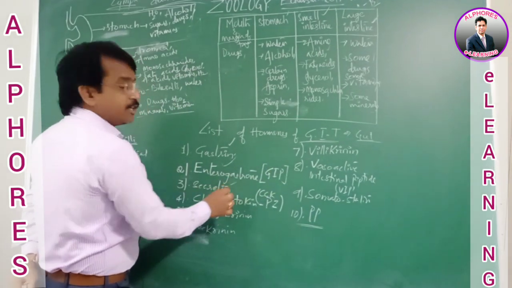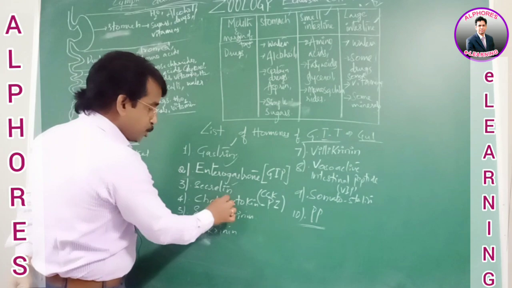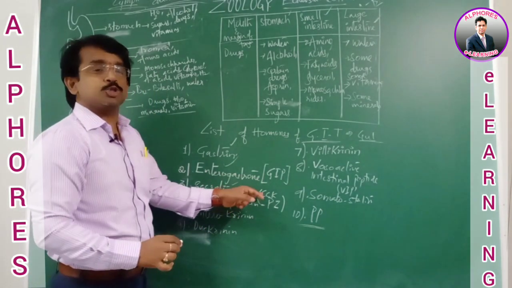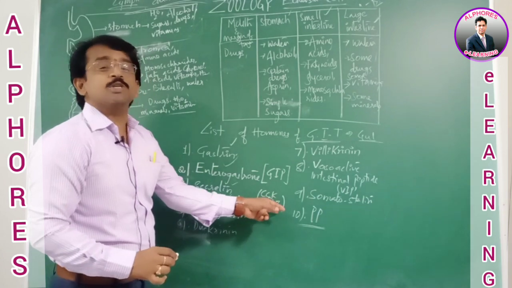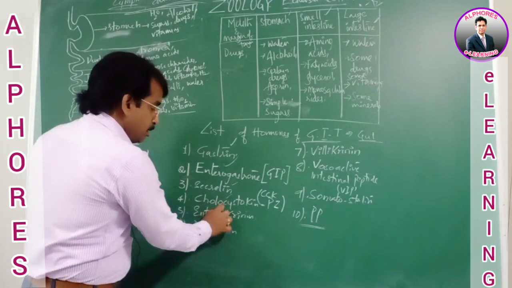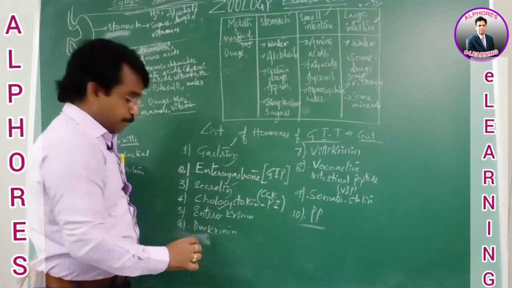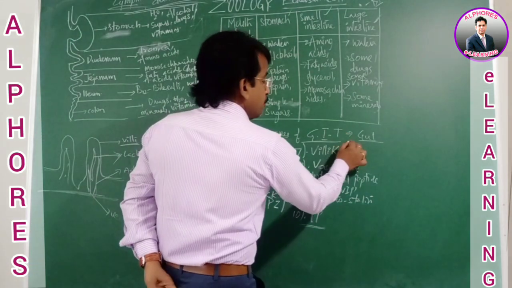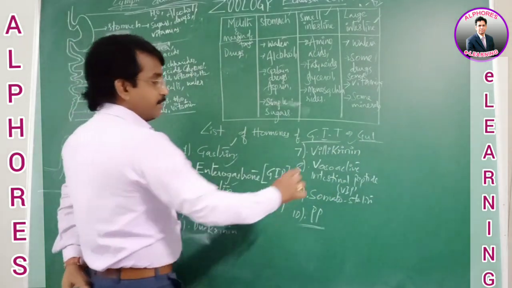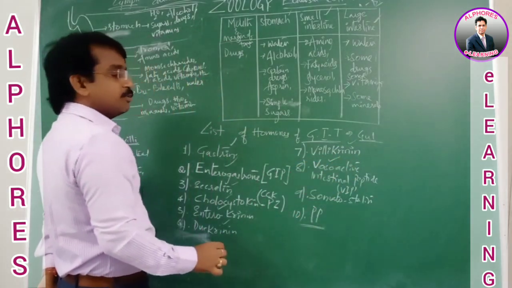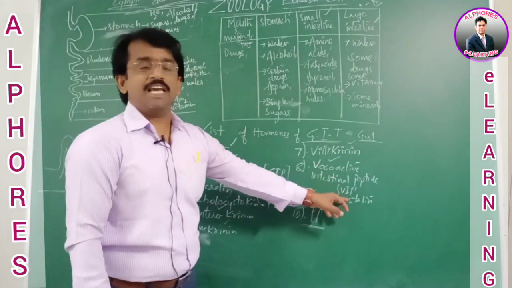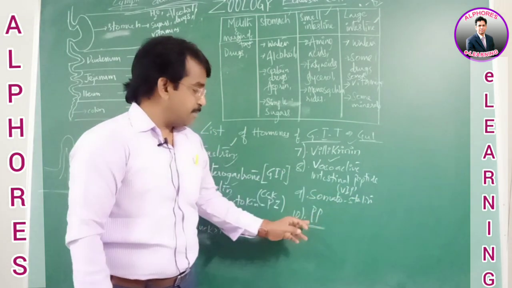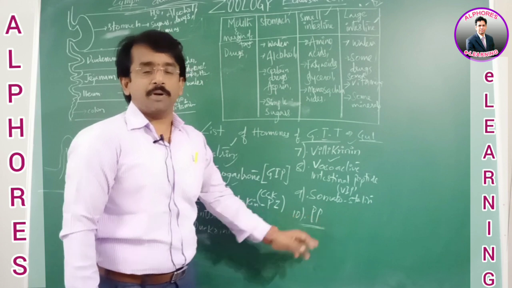Next, secretin. Next, cholecystokinin, CCK, cholecystokinin-pancreozymin, enterocrinin, duocrinin, villikinin, vasoactive intestinal peptide VIP, somatostatin, pancreatic polypeptide.